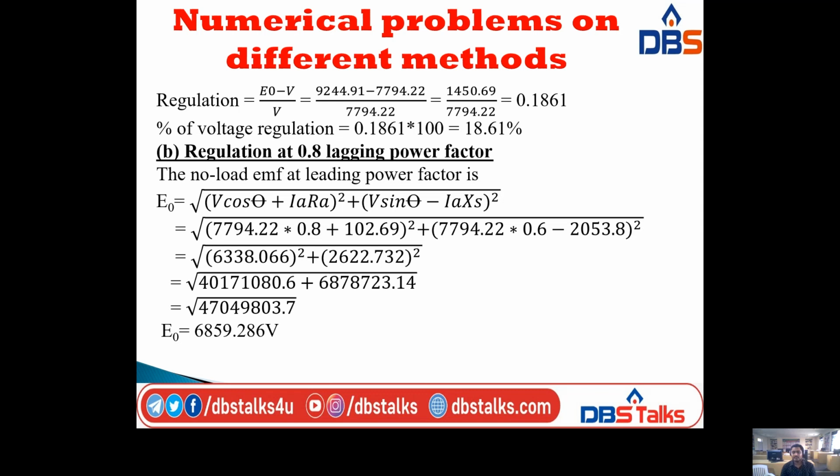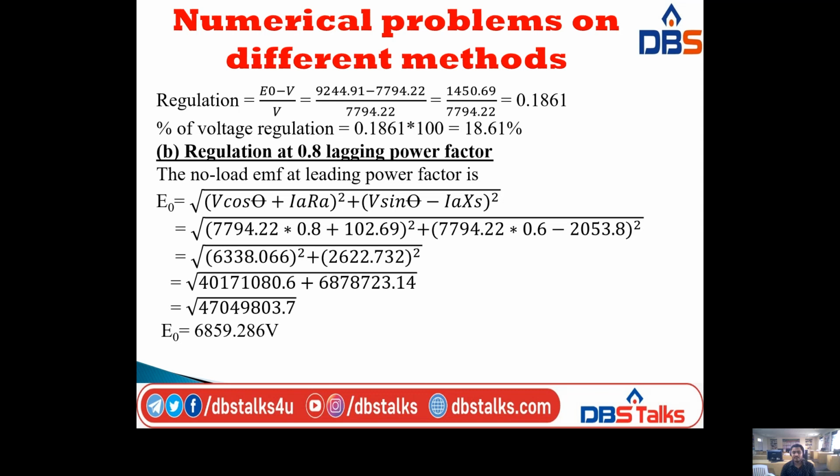So the no load EMF at leading power factor is E0 equal to root of (V cos phi plus IaRa) whole square plus (V sin phi minus IaXs) whole square. All the values we already calculated, just substitute them into this formula. In the V place substitute 7794.22, into cos phi place substitute 0.8, plus the IaRa drop, that is 102.69.